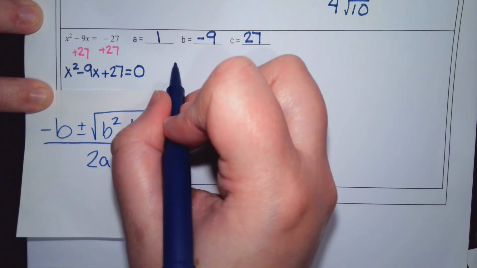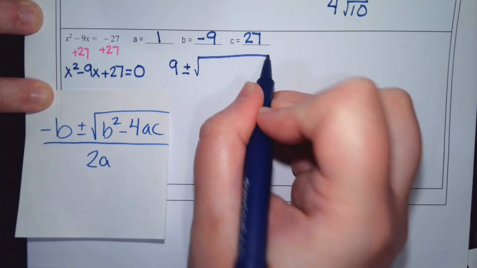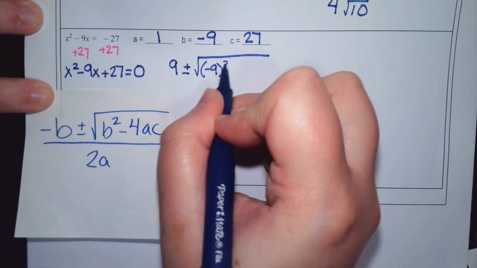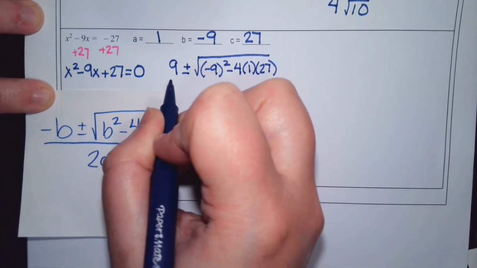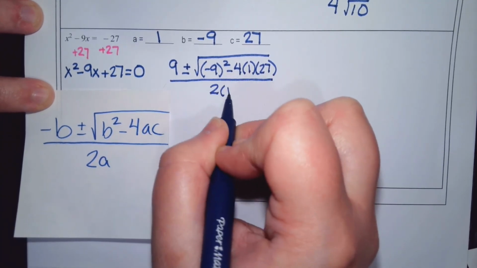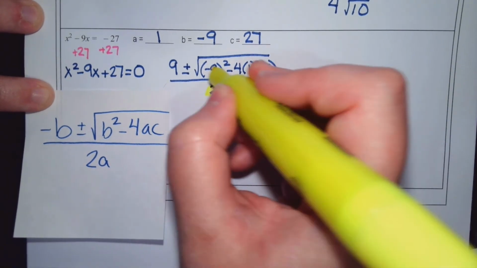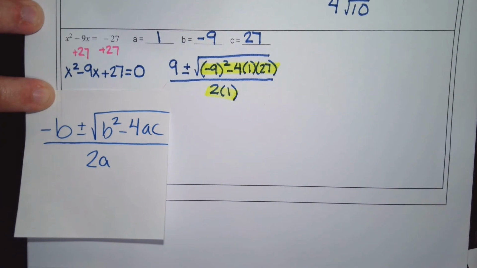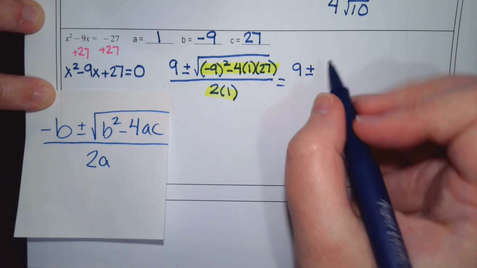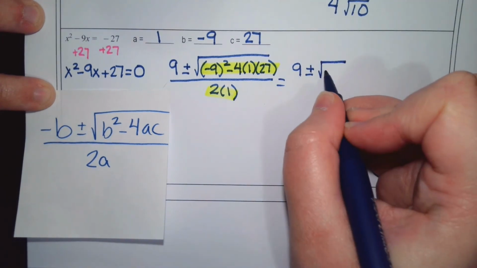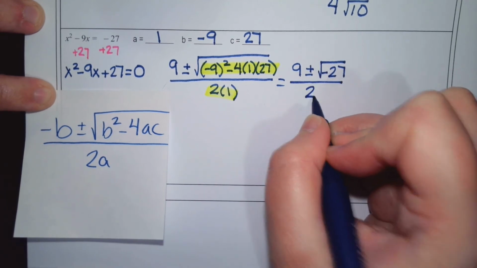So we have 9 plus or minus the square root of negative 9 squared minus 4 times 1 times 27 all over 2 times 1. I'm going to simplify the bottom and underneath the square root. So 9 plus or minus the square root of negative 27 all over 2.